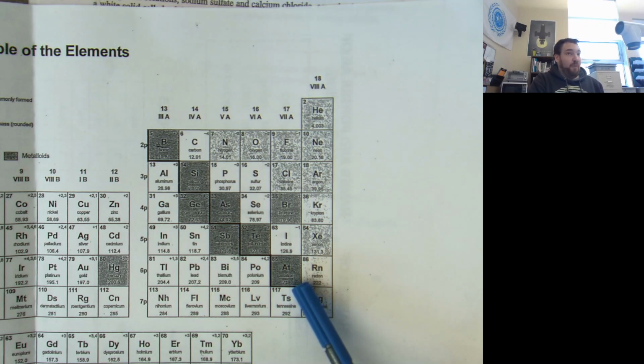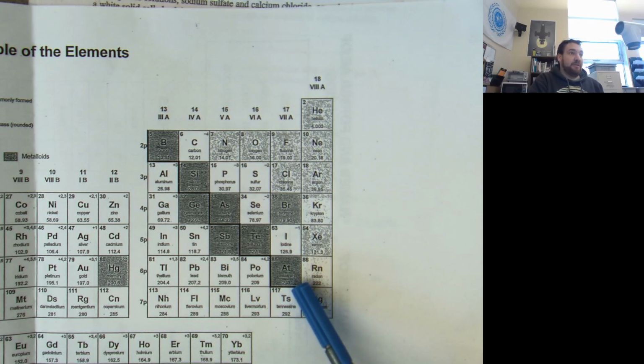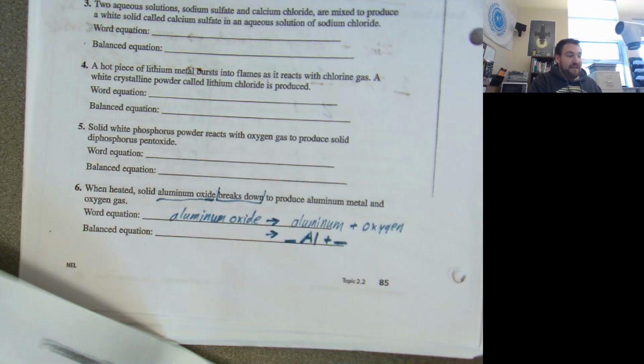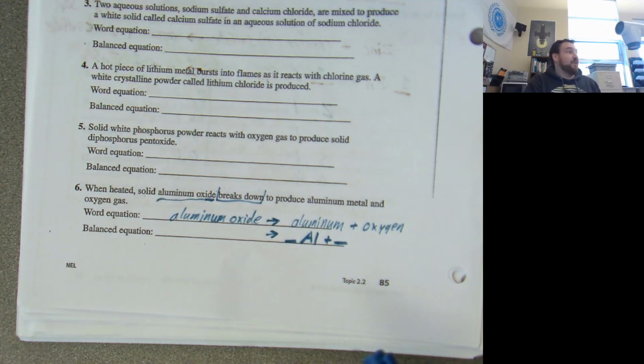It could be diatomic, we don't know. If it shows up, it disappears so fast that we have no idea how it behaves. We don't even know what it looks like. They think it behaves like iodine, but they don't know. It's weird. It's wildly radioactive. We'll talk about radioactivity when we hit the physics unit.